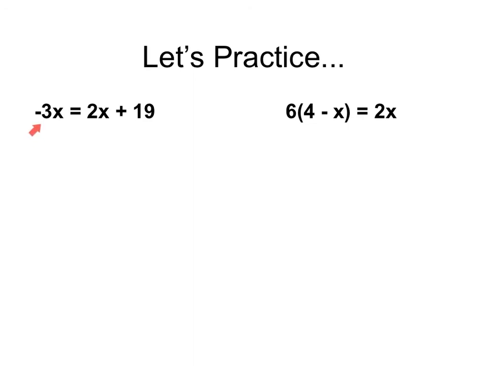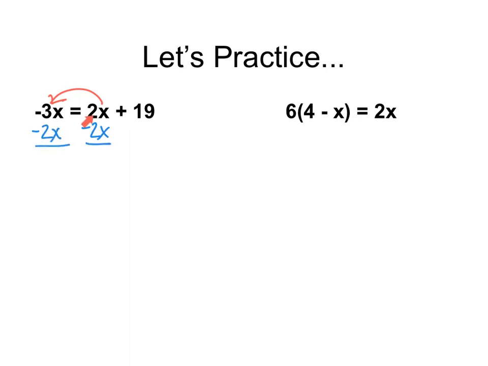In the first one, I have negative 3x is equal to 2x plus 19. I have two terms with the variable x, but they're on different sides of the equation. So it makes sense for me to try to combine the 2x with the negative 3x by moving it over onto the other side. So the way I'm going to get it onto the other side is I'm going to subtract 2x from both sides of the equation.